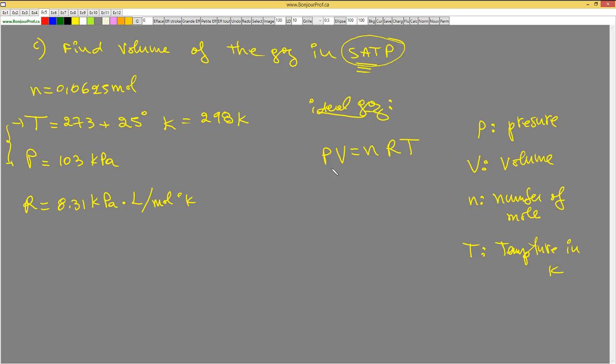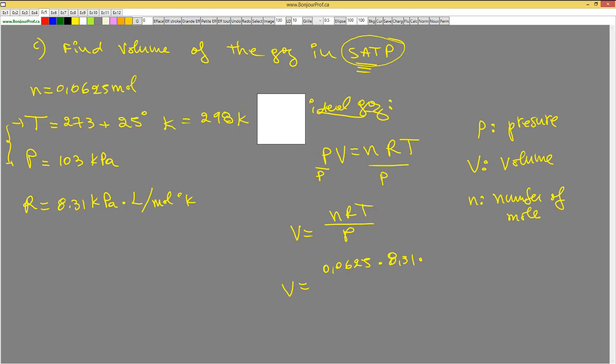Divide by P, and I have volume equals nRT divided by P. What is n? 0.0625, times R, 8.31, times T, 298, over P, 103. So find the volume now.